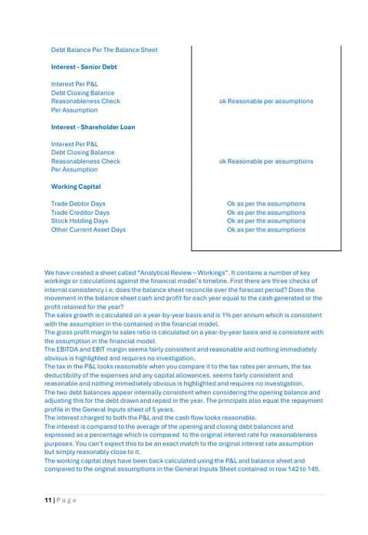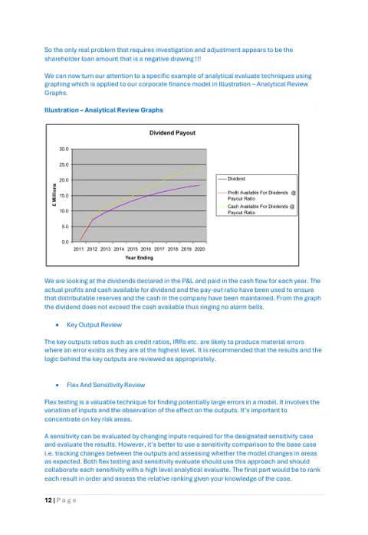Finally, working capital components like trade debtor days, trade creditor days, stock holding days, and other current asset days have all been back calculated and confirm that they are consistent with the original assumptions in the input schedules. Overall, these findings give us confidence that the model's financial mechanics are sound and reliable. The main issue we need to focus on is the shareholder loan amount, which currently shows as a negative drawing and requires further investigation and adjustment.